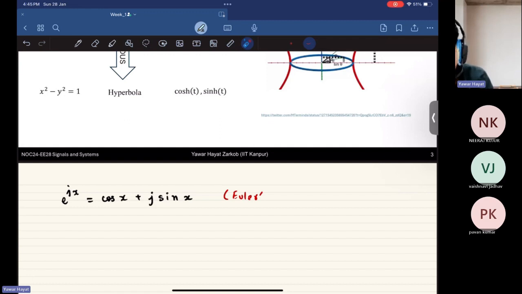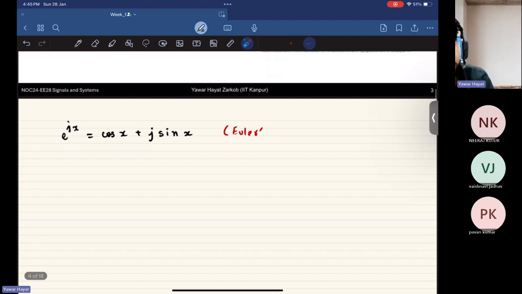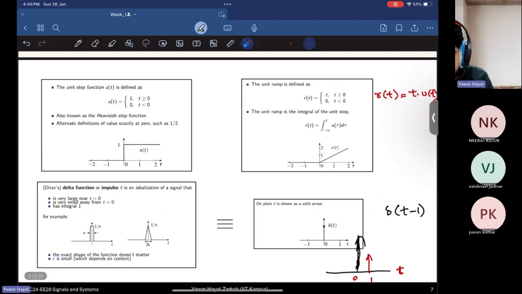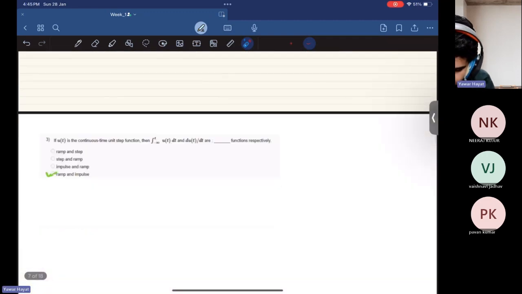You should be comfortable in these. Also, derivatives, that is also important. And after that, I guess, yeah, these unit step, unit ramp, delta functions, these are also very important. All of these are important.